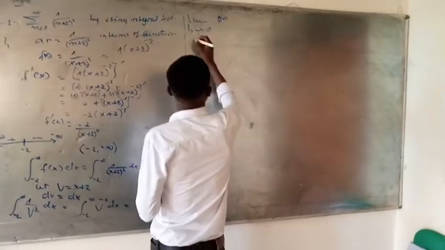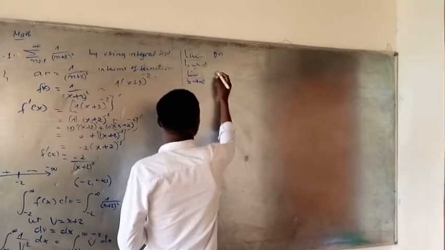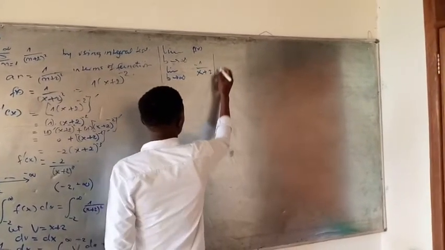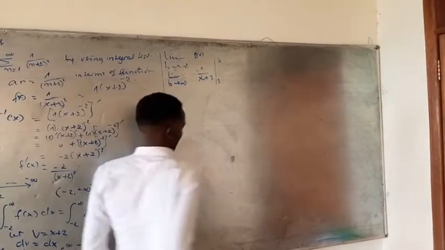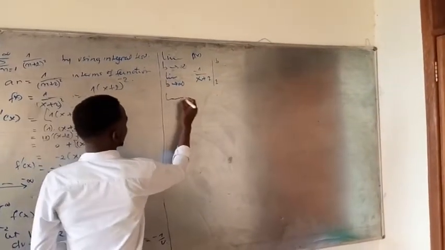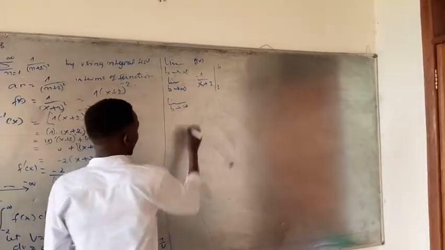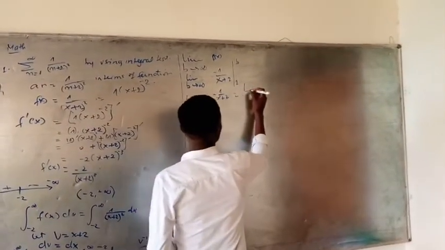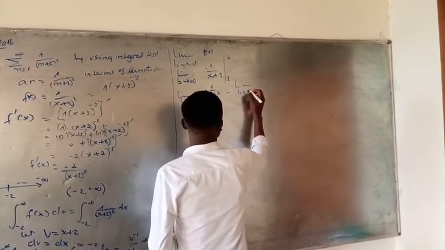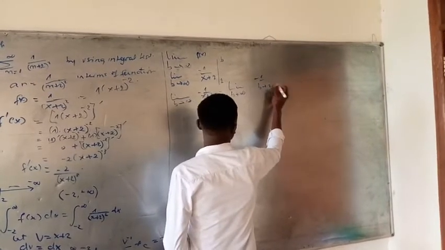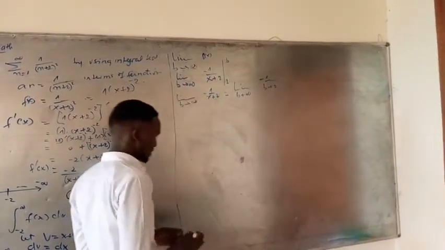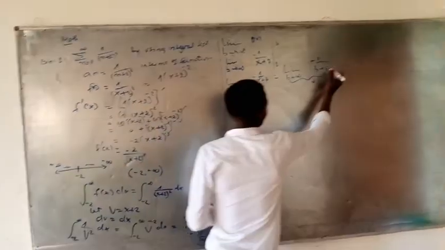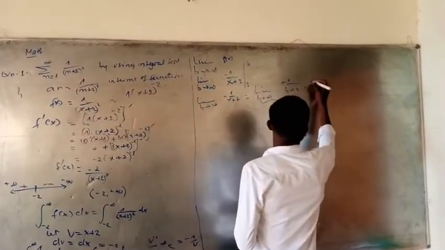This will be equal to the limit as b approaches infinity of minus 1 over x plus 2, evaluated from negative 2 to b, which will be equal to the limit as b approaches infinity of minus 1 over b plus 2, and this will be equal to 0, and then minus minus 1 over 3.